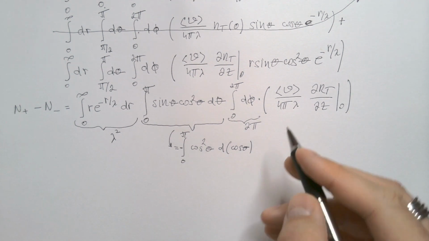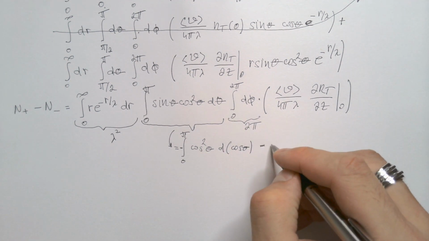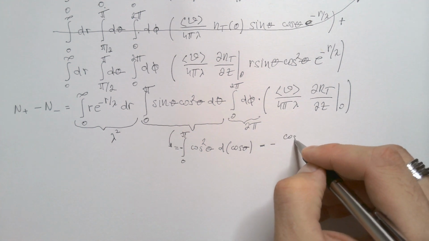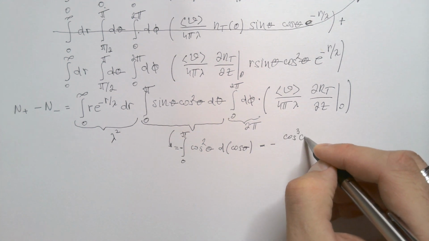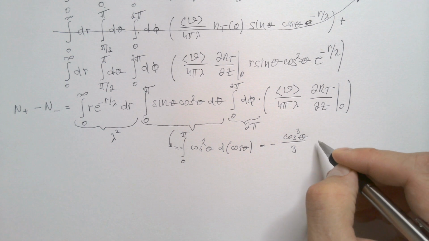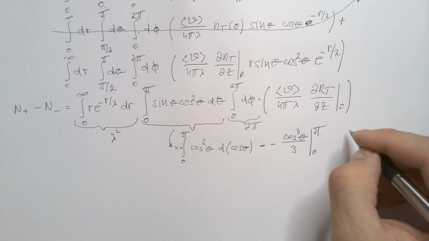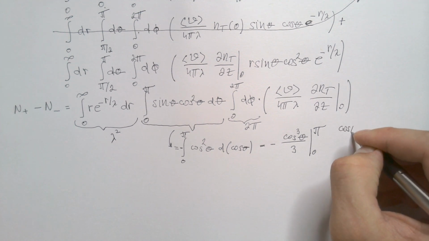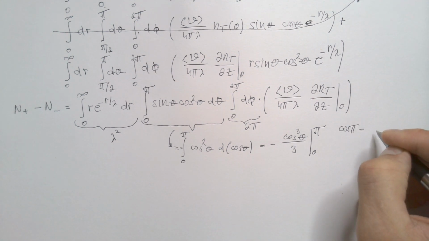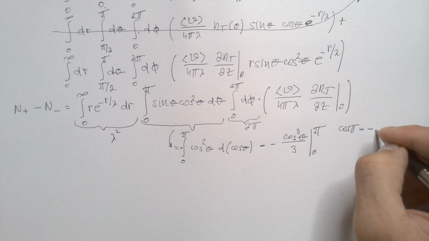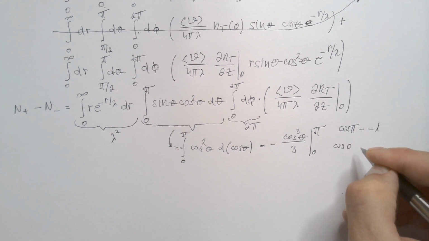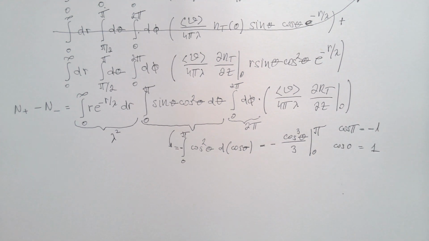And now this becomes a table integral, so this is negative cosine to the power 3 theta divided by 3 in the limits between 0 and pi. We know that cosine of pi is equal, what is cosine of pi? Negative 1, and cosine of 0 is equal 1.